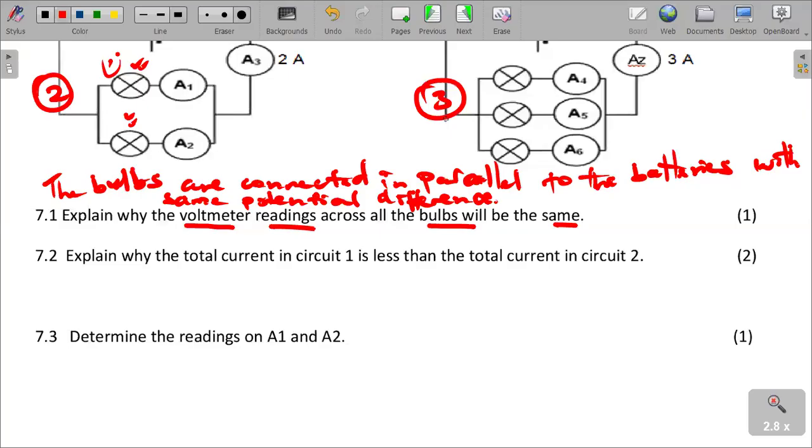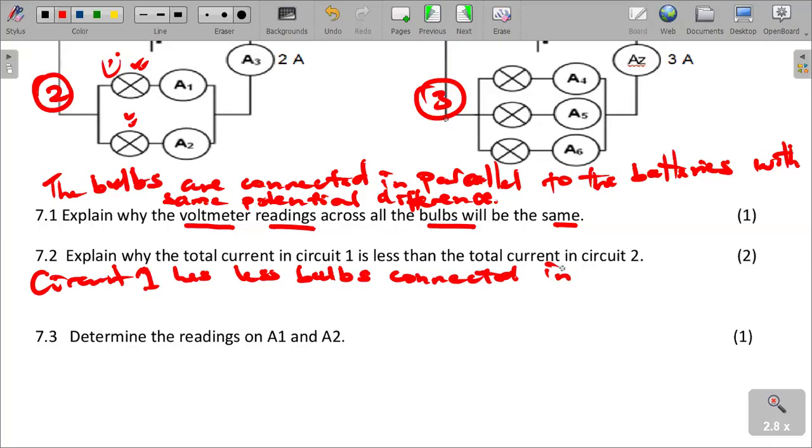Circuit 1 has less bulbs connected in parallel. I said they are less because we can see that there are two there, compared to three.